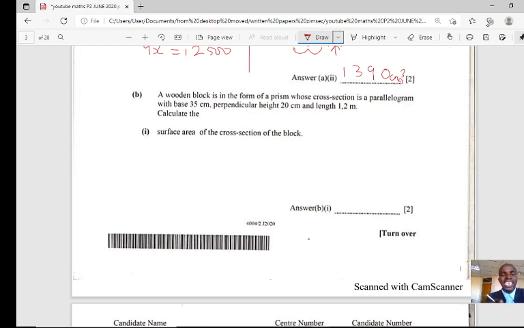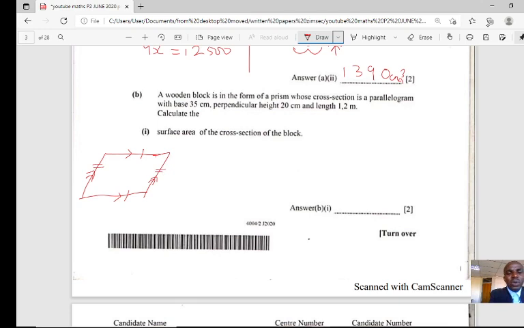How do you calculate the area of a parallelogram? Let me draw it down first. So the parallelogram is like this. A parallelogram is a quadrilateral with a pair of opposite sides parallel and also equal. So this side is parallel and equal to this one. This side is parallel and equal to this one. That's what is known as a parallelogram.